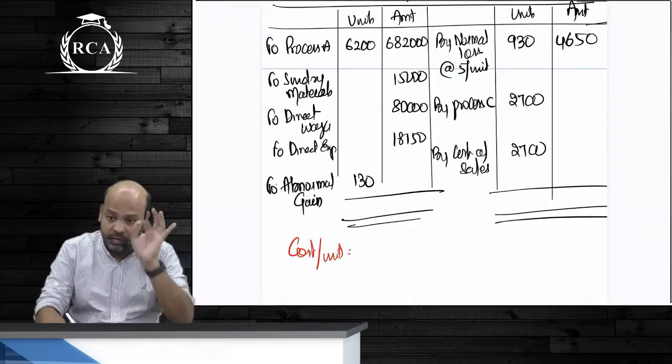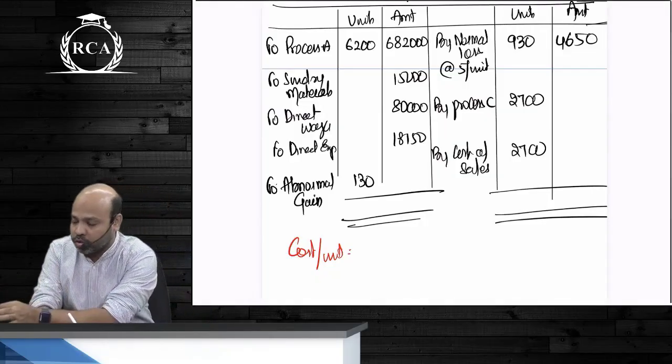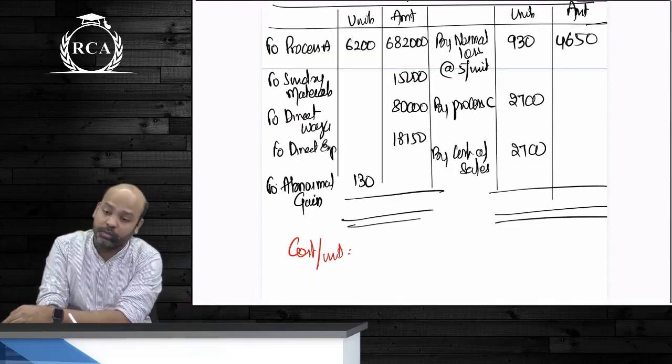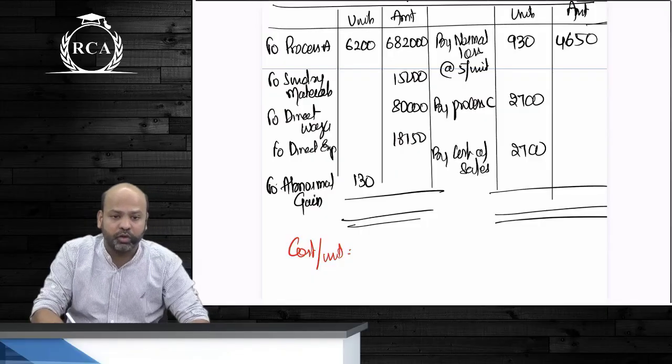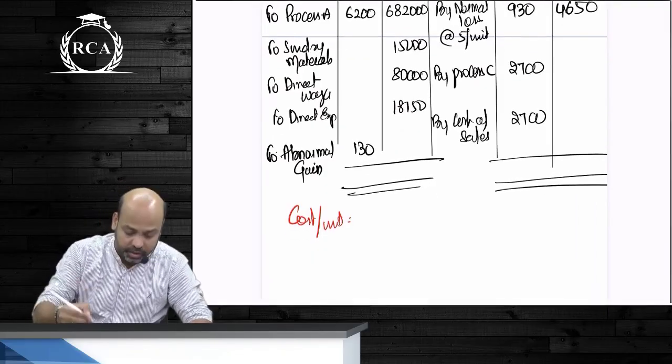Again guys, it is always and always based on total cost incurred minus scrap value of normal loss. Doesn't matter whether there's abnormal loss or abnormal gain. Yes or no, guys? Mahati, how much did you get, beta, for process B?